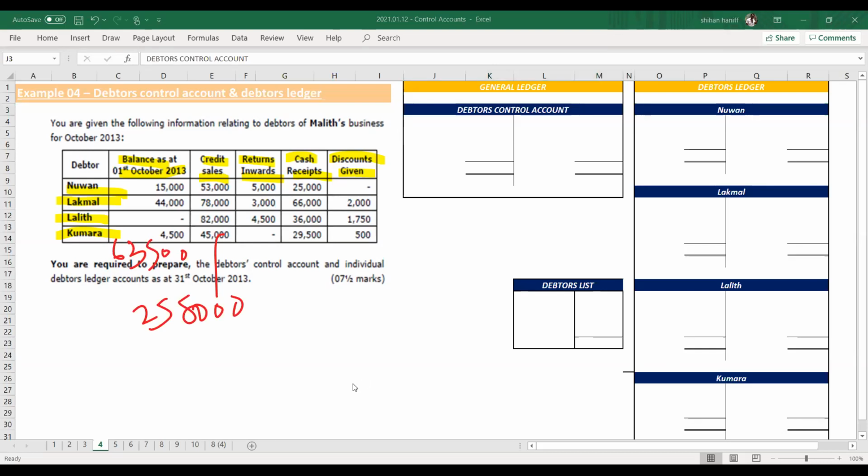Return inwards 5,000 plus 3,000 plus 4,500, 12,500.